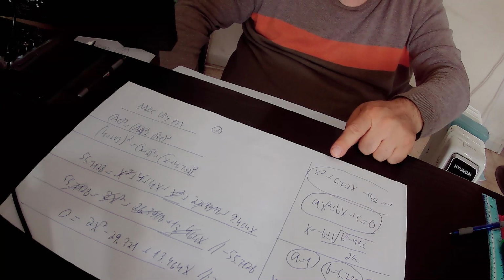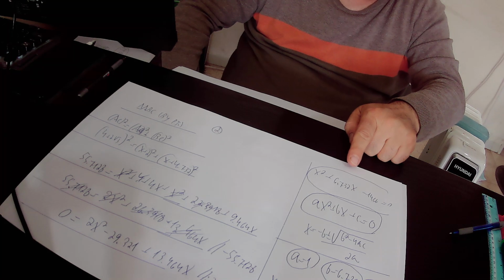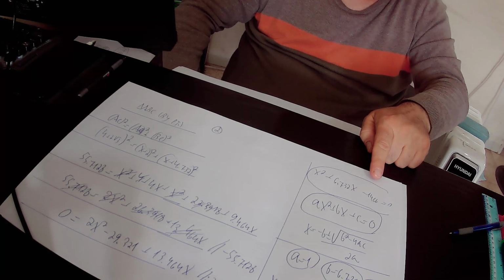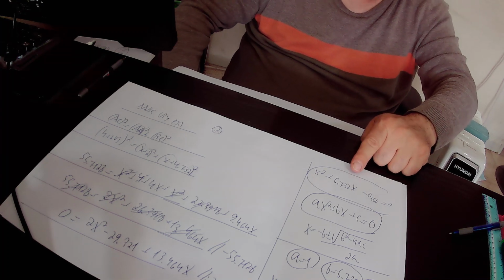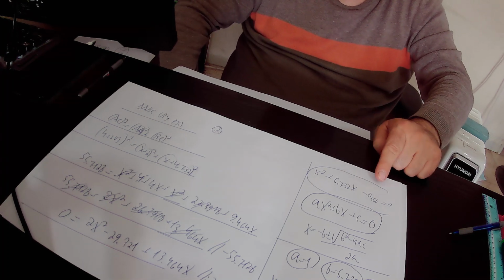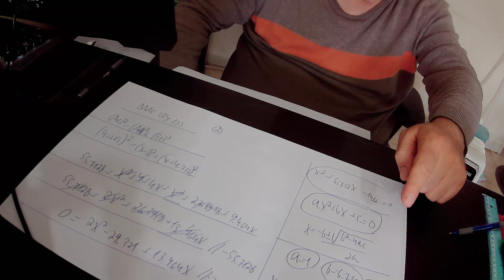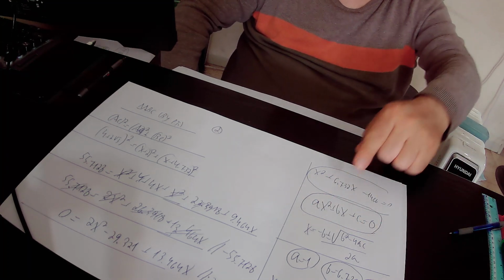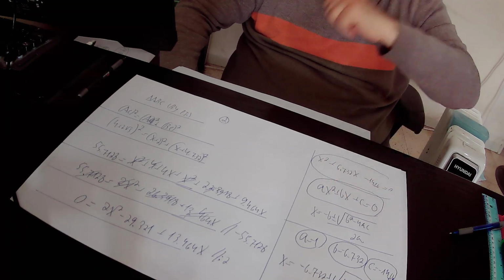In our specific quadratic equation, x squared plus 6.732x minus 14.66 equals 0, the coefficient a equals 1, the coefficient b equals 6.732, and the coefficient c equals minus 14.66. So we put the data inside this general formula and find the values of x. x is the radius of the circle.